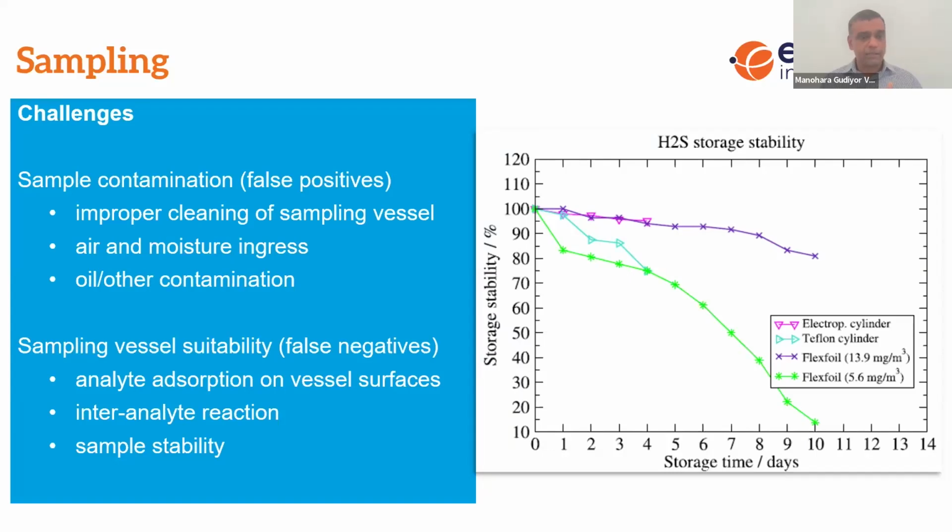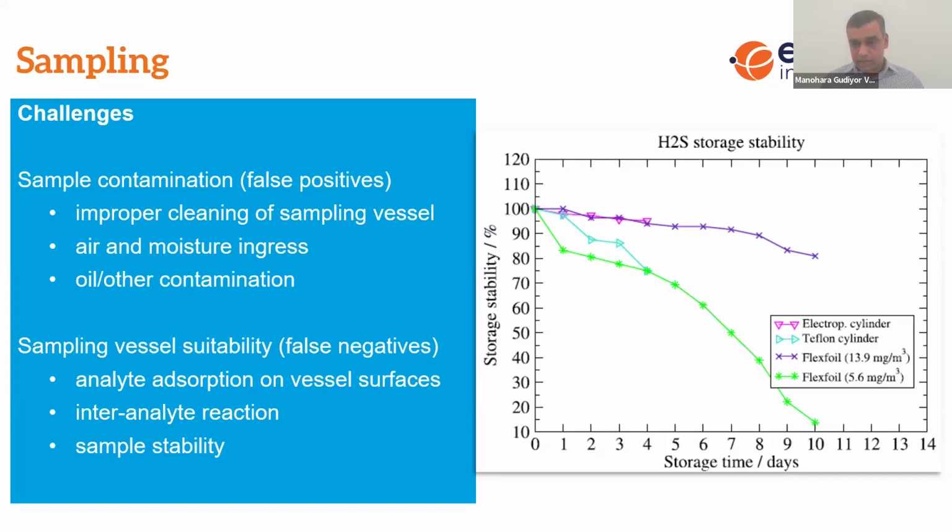And the other thing is sample stability itself. This may not be necessary for online sampling, but for offline sampling it is key. Some samples may be stable for only a couple of hours, or some species may be stable for years. Without a proper understanding of the stability of the samples, you're going to get false negatives. Just to give an example, on the right side of the slide I have plotted hydrogen sulfide storage stability with various cylinder types, which have different coatings.